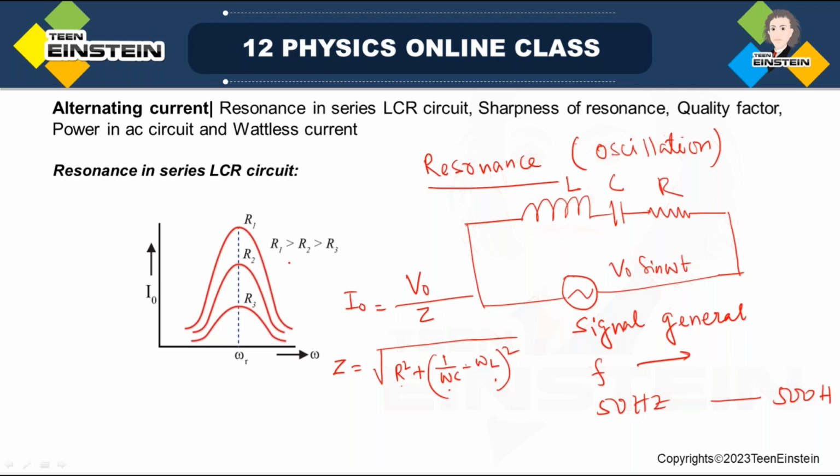When I use more and more resistance, I get a lesser and lesser amplitude of the current, because the impedance increases.